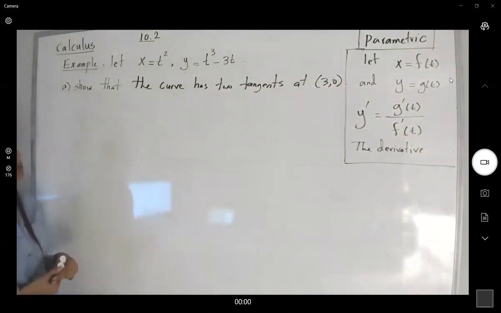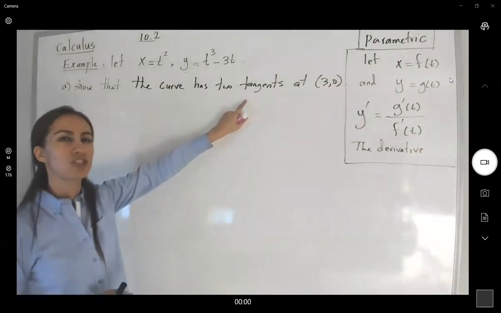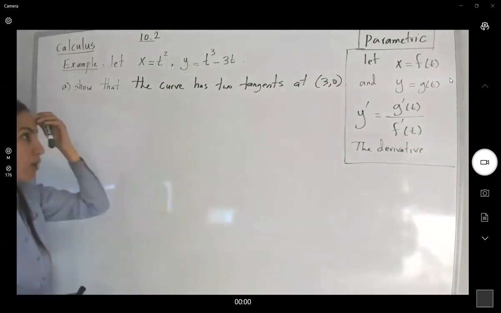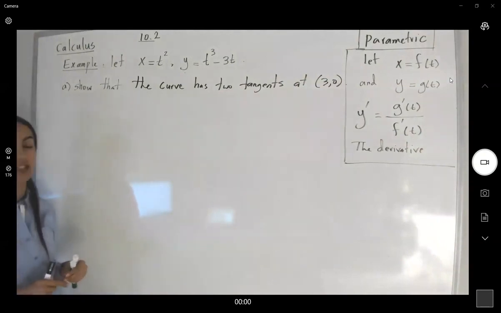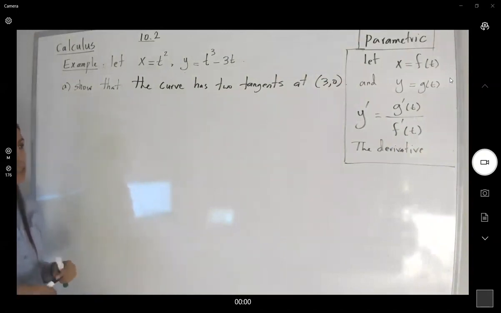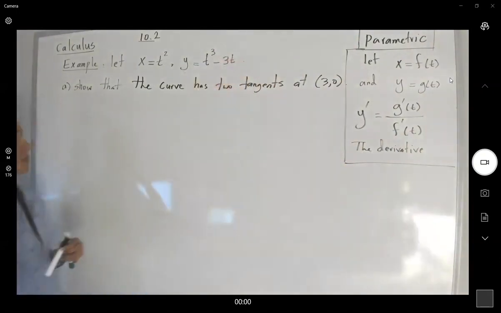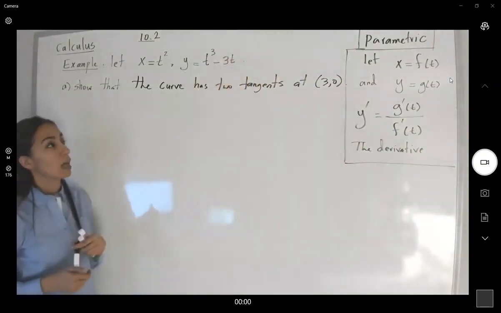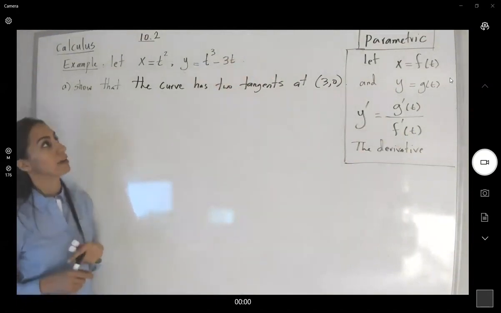Well, what are we looking for? We're looking for tangent lines. We need to write the equation of tangent lines. So how do we write the equation of tangent lines? We need to find the derivative of these parametric curves. You might say, hey, I want to write y in terms of x.